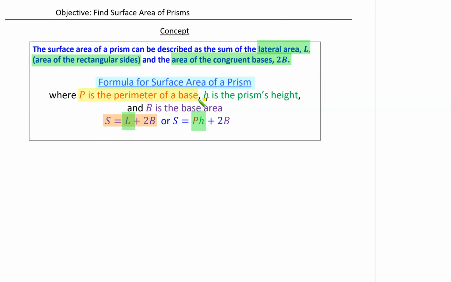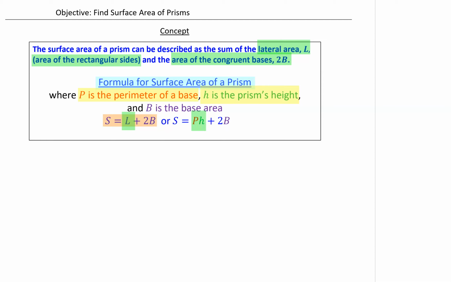And that's like all of the widths of all of the rectangles. And then the H is the prism's height, and that would be like all of the lengths of the rectangles. So remember, area of a rectangle is length times width. So the perimeter takes all of the widths, multiplies them times the lengths of all the rectangles, which would be the same as the height of the prism.